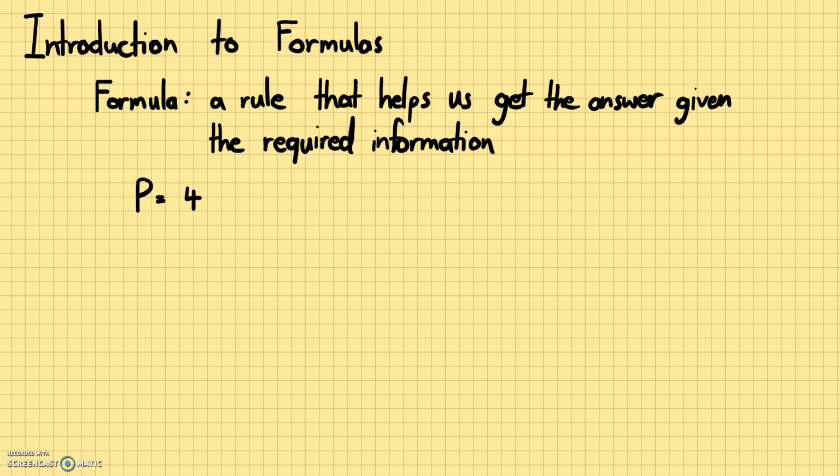P equals 4 times S is an example of a formula. This is actually the formula that you can use to find the perimeter of a square, but you don't need to know that here. We're just going to be using this formula. And you need to know two things when you're using a formula.